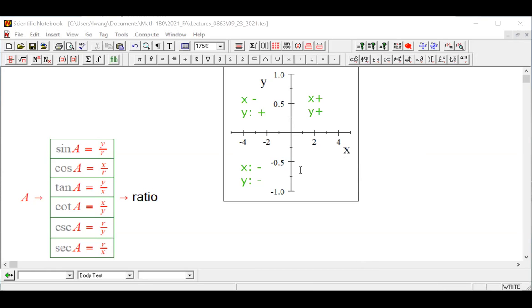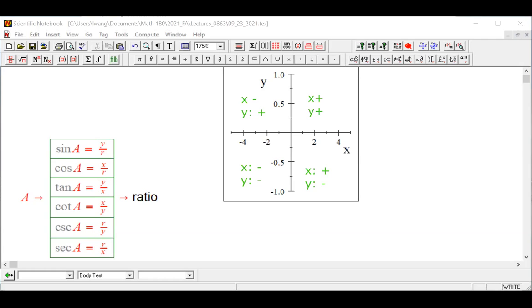In the last quadrant, x is positive, y is negative. Now you look at the definition. In the definition, we know R is always positive, right? So for sine, it's y over R. So the sign of sine of the angle is always the same as the sign of y, yeah?